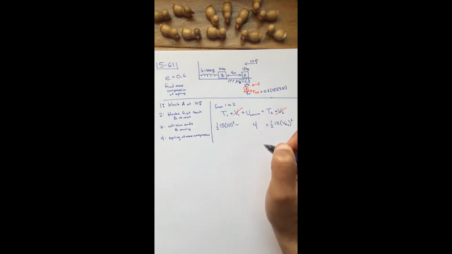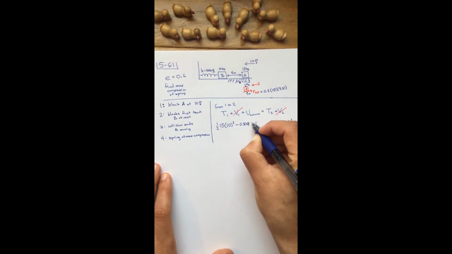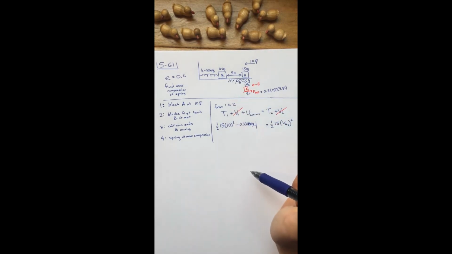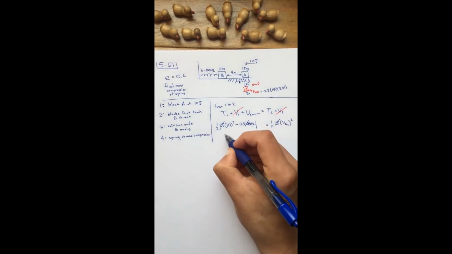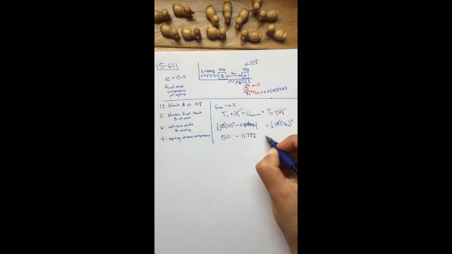So I have 0.3 times 15 times 9.81 for my force of kinetic friction, times 4 for the distance between block A and block B. So I have a 15 in each term. I can cancel that out. And this is 100 divided by 2, which is 50, minus this is 0.3 times 9.81 times 4, so that's 11.772. And this is just 1/2 times VA2 squared.